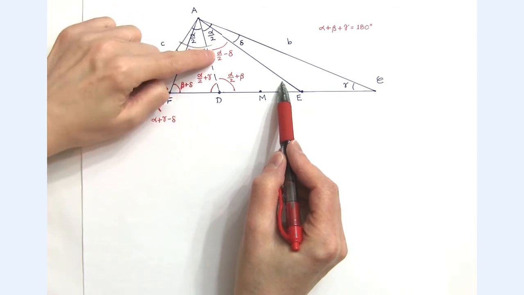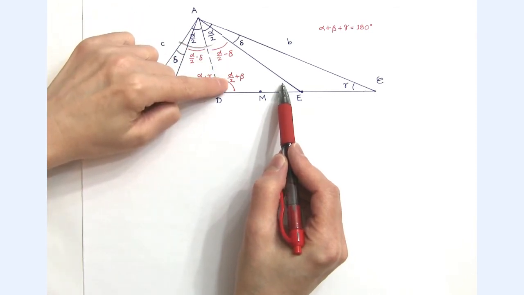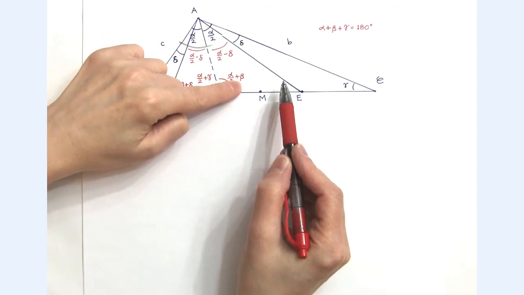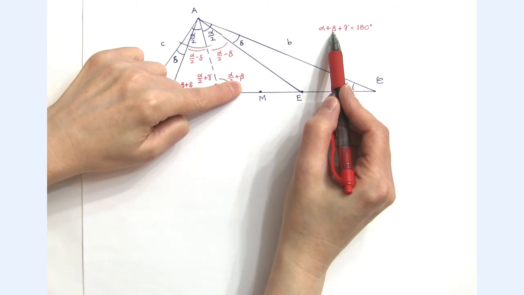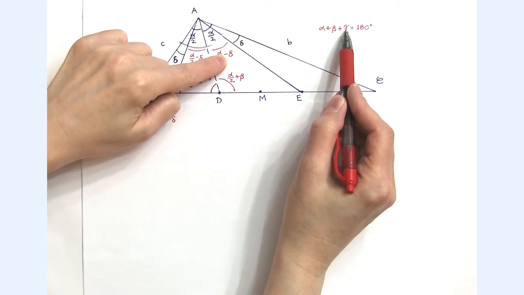So far we have alpha over 2 plus alpha over 2, which is alpha, and then plus beta. So we have alpha plus beta, and we have minus delta, so we just need to add gamma and delta.